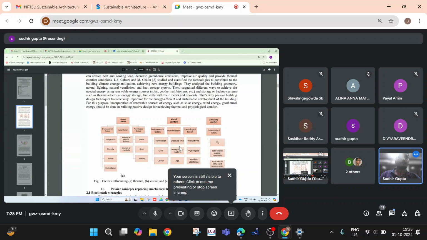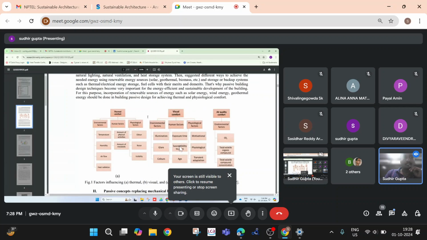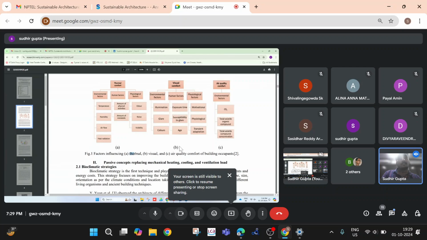Yeah. So here you can see various factors influencing the comfort of building occupants. It is mentioned that the comfort level can be divided into different subcomponents. Thermal comfort is one of them. Then there is visual comfort. Then there is air quality comfort.